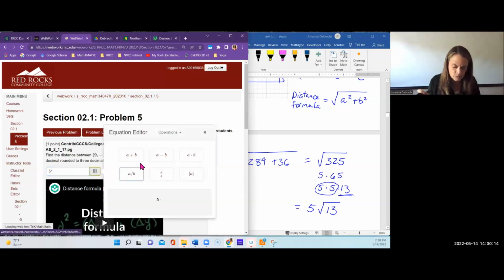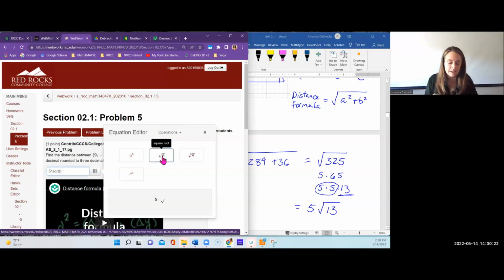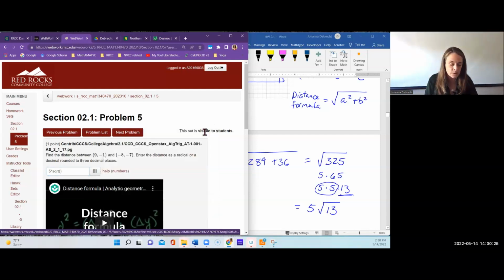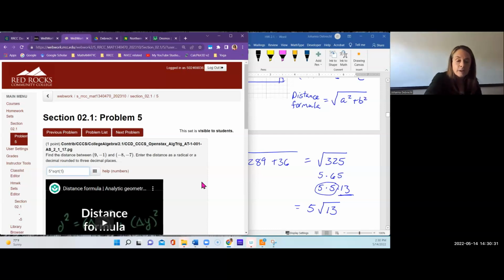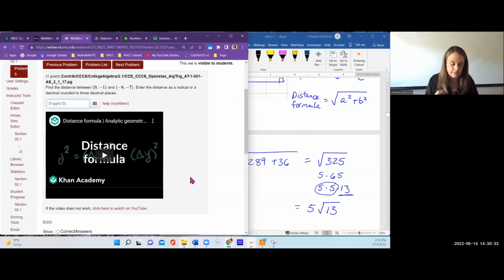Let's just hit the square root symbol and see what we get. That might be under exponents. Yes, there it is. Square root. Aha! So one way of typing in the square root is to type SQRT with round parentheses. And then I can put 13 on the inside.